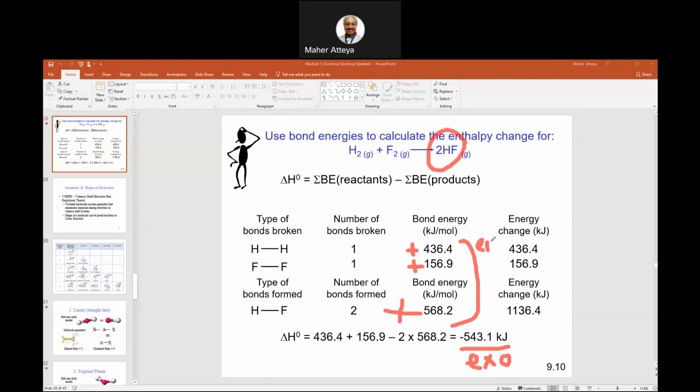So it is very important to know the processes. Breaking a bond needs energy, that's endo, so positive values. When you produce a new bond, a new molecule, the value has to be negative because you are forming. So that's an exothermic reaction.